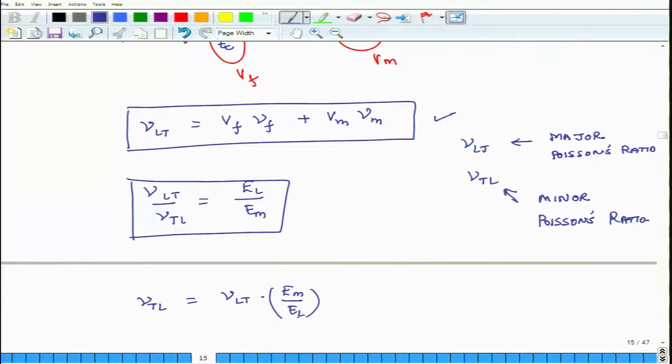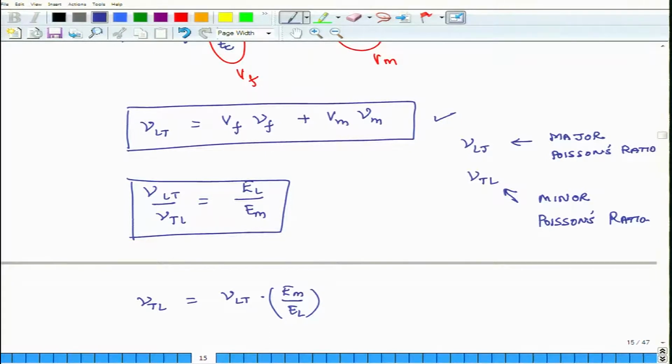So, the point I am trying to make is that whatever is the value of nu L T, the value of nu T L is significantly lesser than nu L T, because E M over E L is very small, it is less than 1, and that is why nu T L is known as minor Poisson's ratio.